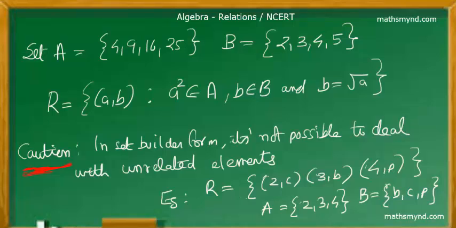If the set A consists of natural numbers like 2, 3, 4, and set B consists of English letters like B, C, P, then it is very difficult to represent it in the set builder form, because as such we can't think of any particular relation or property which associates the elements belonging to set A and set B.